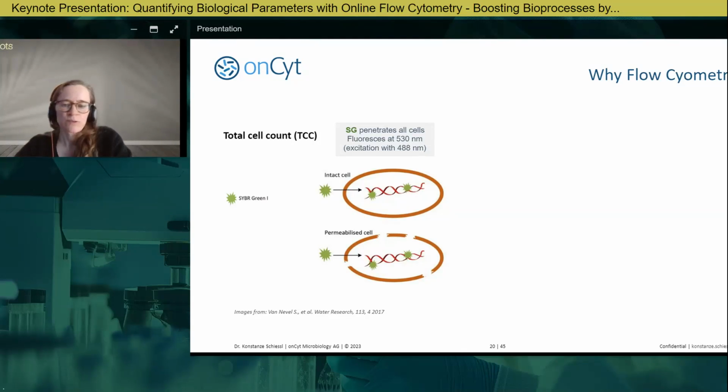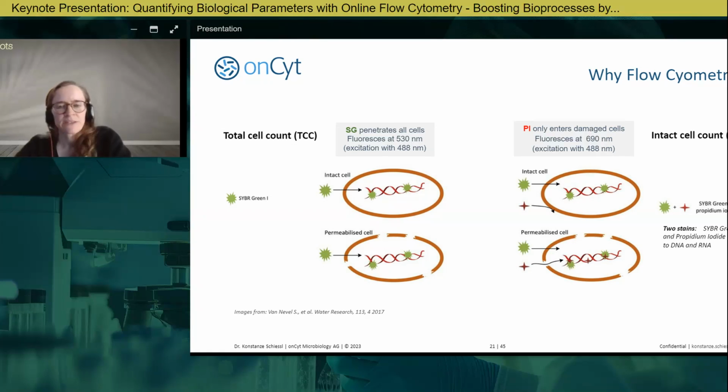It's also used for PCR, so maybe you know it from other contexts. It goes into any type of cell and binds to nucleic acids, as you can see here, and it can be an intact cell or a damaged cell. Then you can excite it with the 488 laser and collect the signal at 530 nanometers.